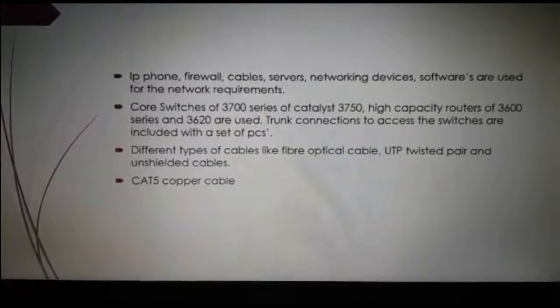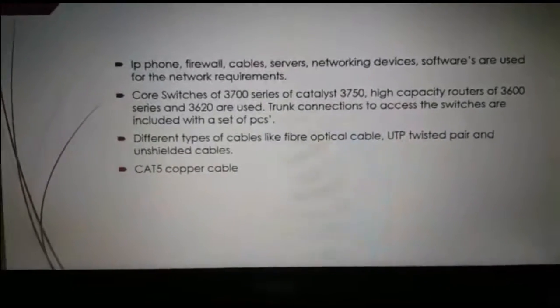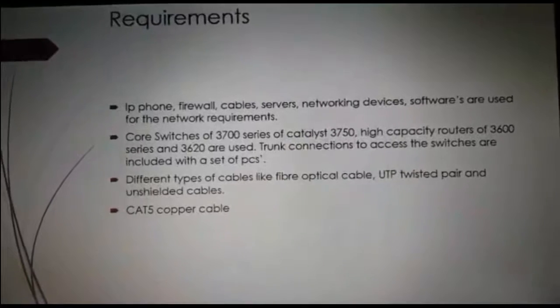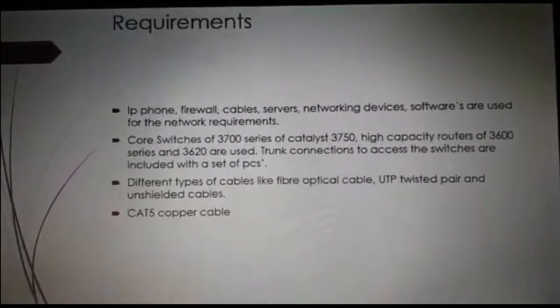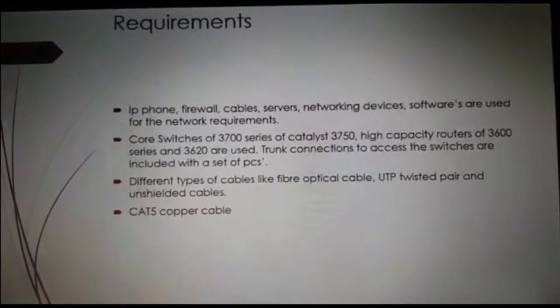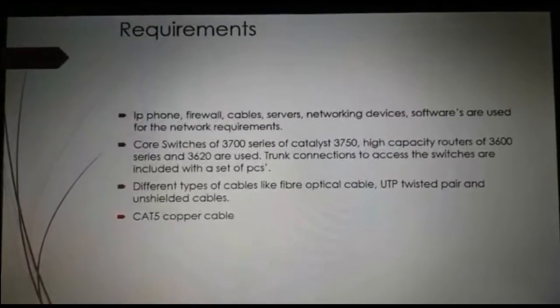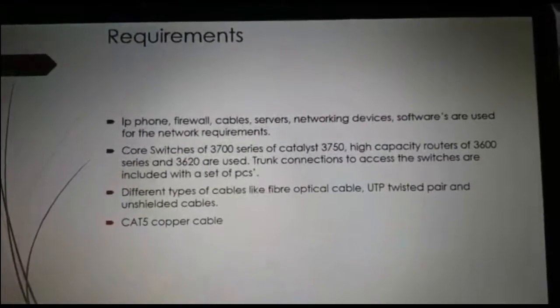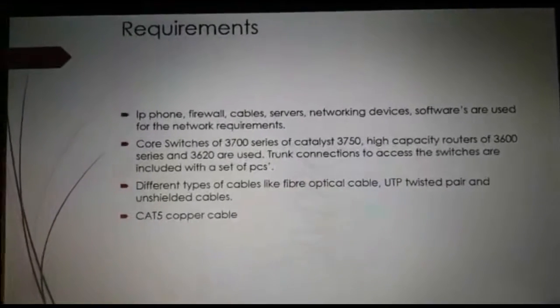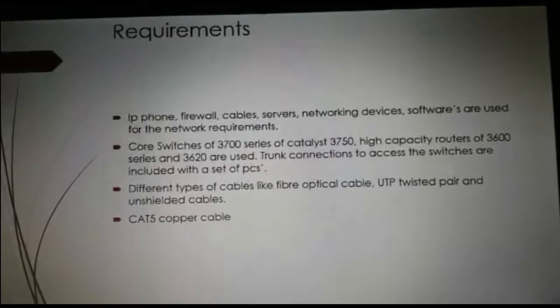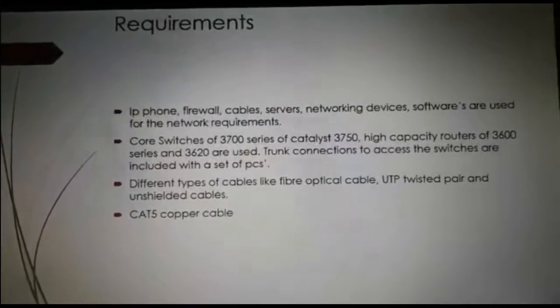The trunk connections are also enabled to access the switches that are connected with a group of PCs. Also, different types of cables like fiber optic cable, UTP twisted pair and unshielded cables are used. Software like Boson NetSim and Packet Tracer are used to construct the logical and physical diagrams of the network topologies.